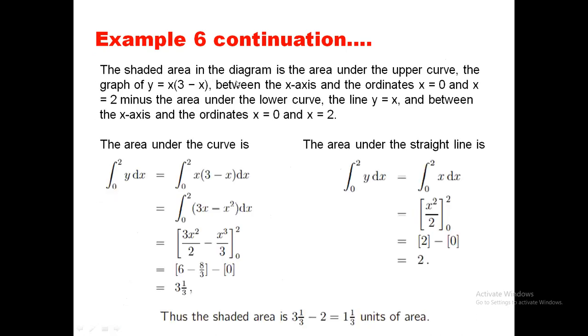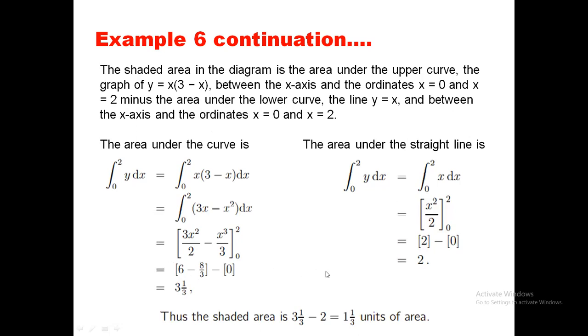The shaded area in the diagram is the area under the upper curve, the graph of y equal to x times 3 minus x, and between the x-axis and the ordinates x equal to 0 and x equal to 2, minus the area under the lower curve, the line y equal to x, and between the x-axis and the ordinates x equal to 0 and x equal to 2.